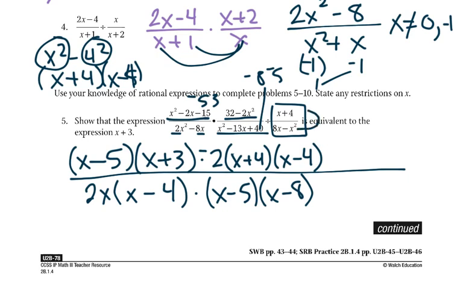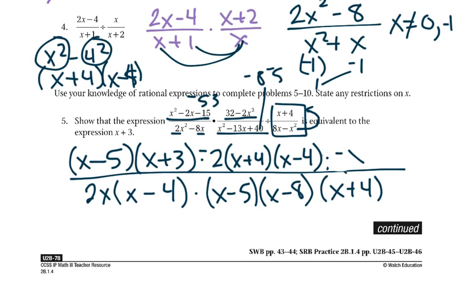Then these ones would flip, so x plus 4 would go on the bottom, and then we could pull out an x, and we'd be left with 8 minus x squared. So let's actually pull out a negative x.